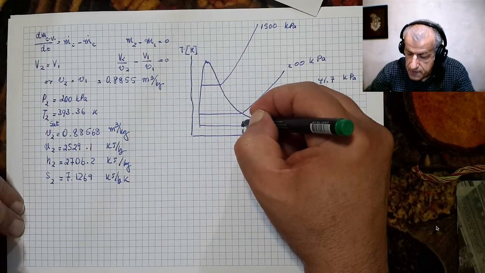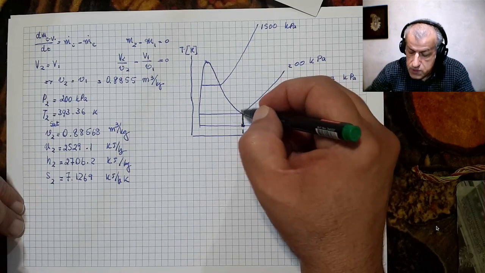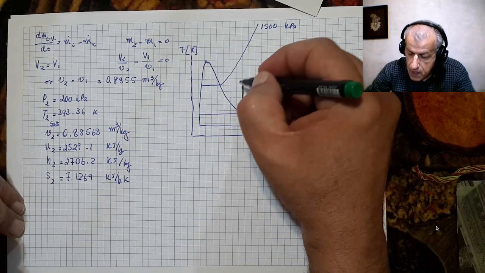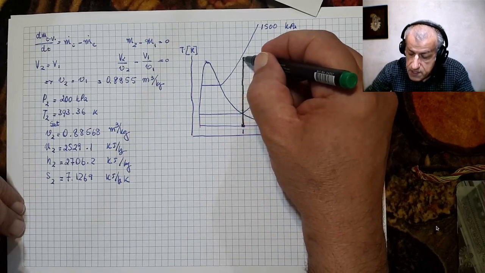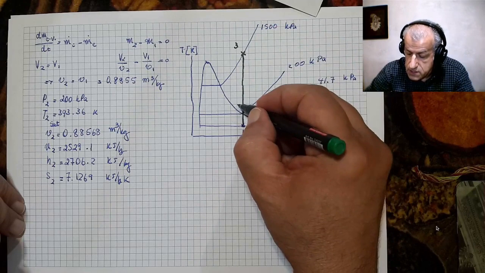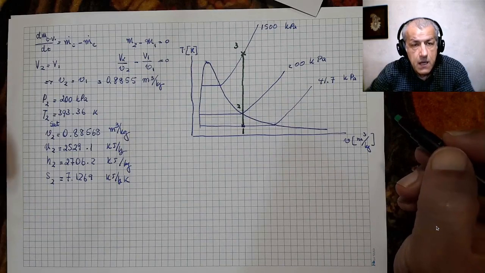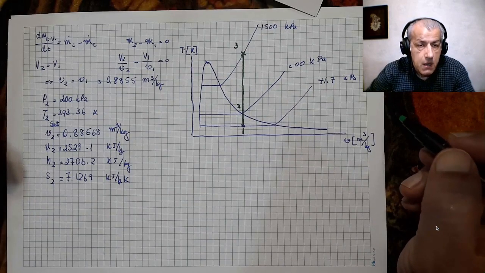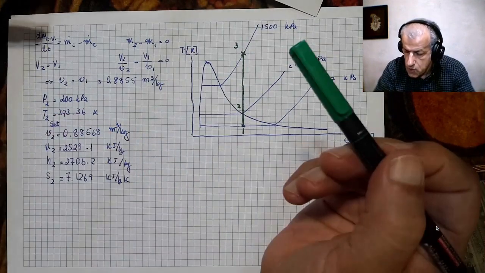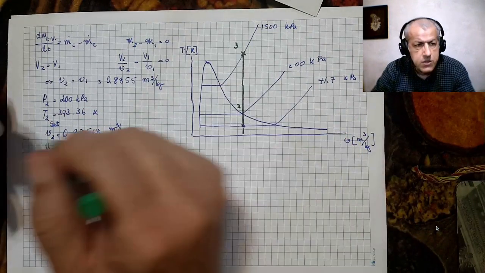Since the mass is constant and the volume remains constant, point 2 is here, and the specific volume remains constant until the pressure increases to 1500 kilopascals, which would be point 3. This is point 2, and this is point 1, and this is our process. Green color is our problem, and the blue color are just steam properties. So now we have point 1, point 2, and point 3.